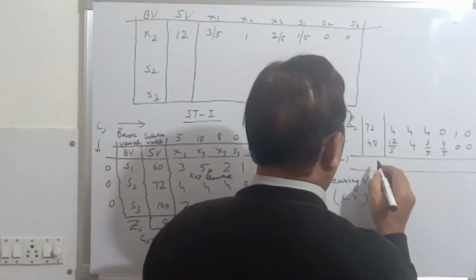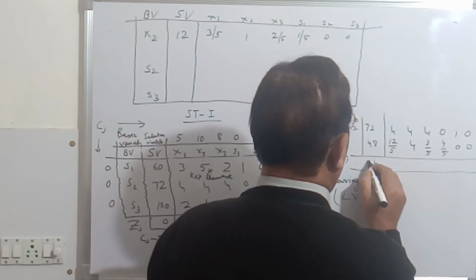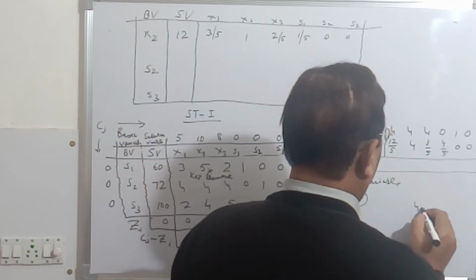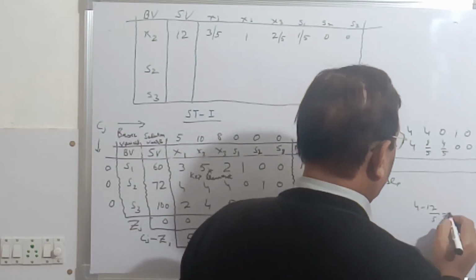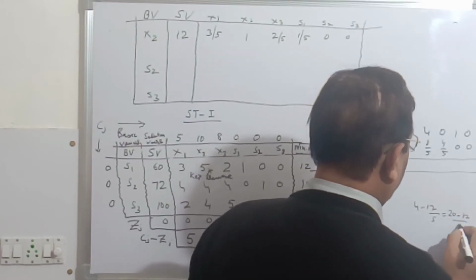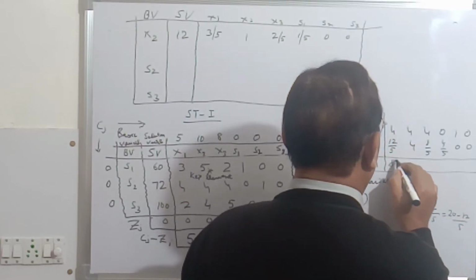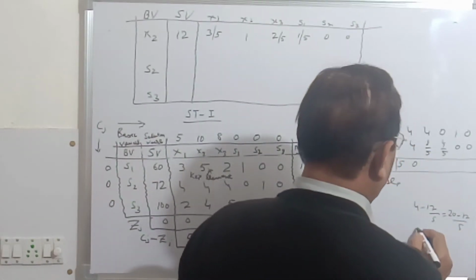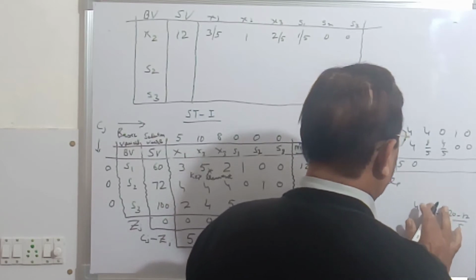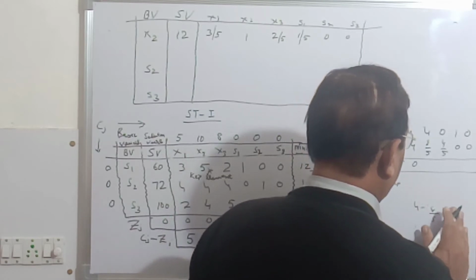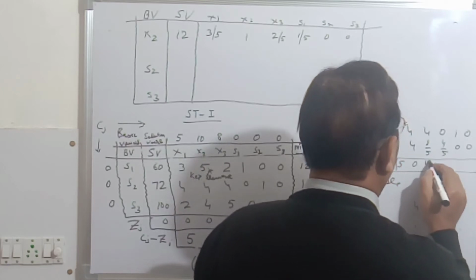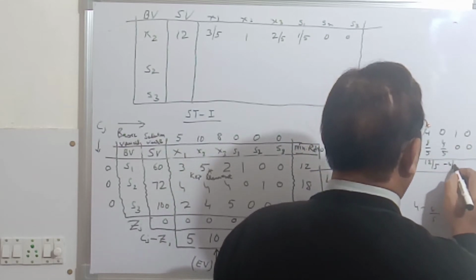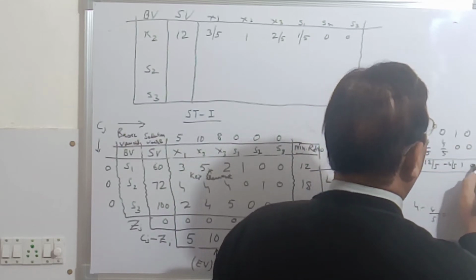So 72 minus 48, 24. 4 minus 12 by 5 is 20 minus 12 by 5, 8 by 5. This is 0. 4 minus 8 by 5 is 12 by 5. 0 minus 4 by 5, minus 4 by 5. This is 1, this is 0.